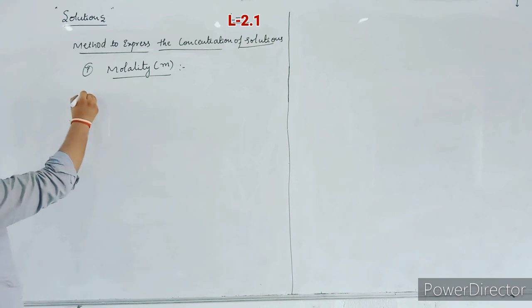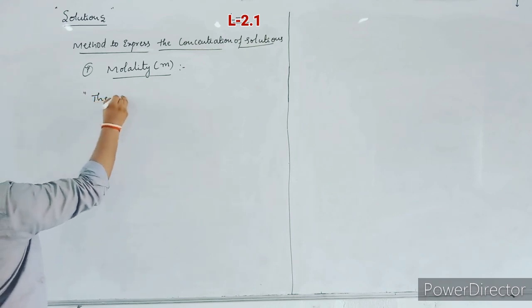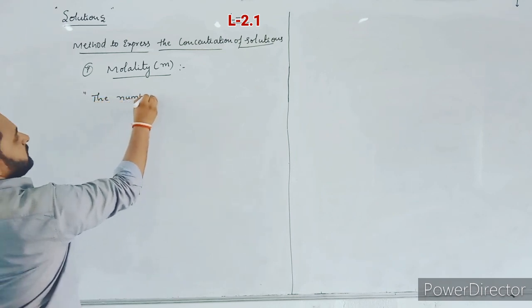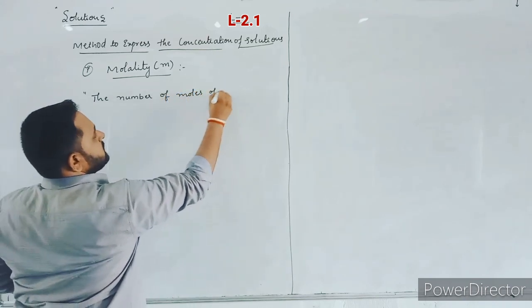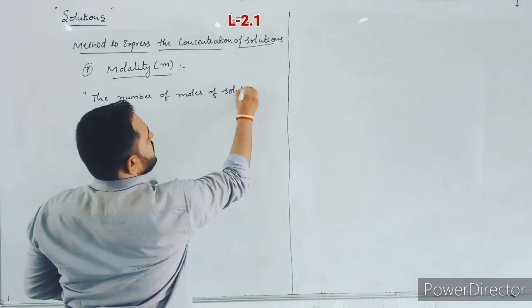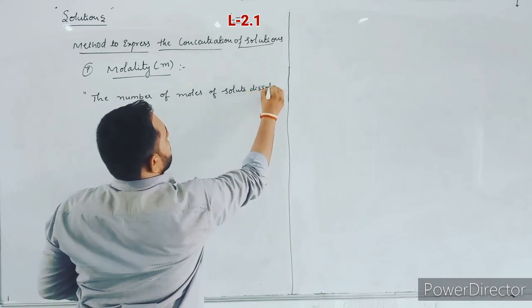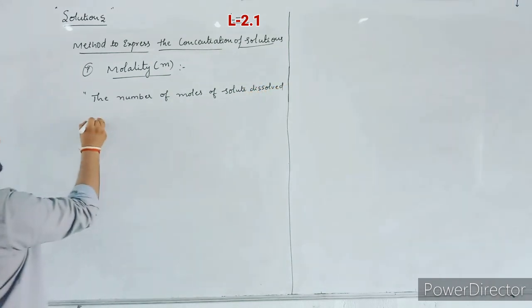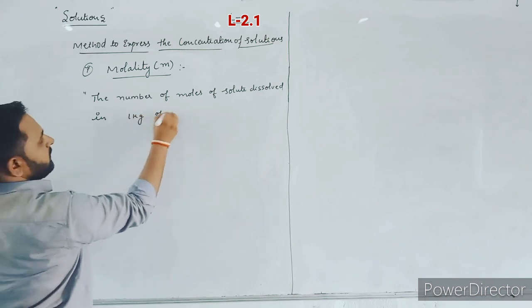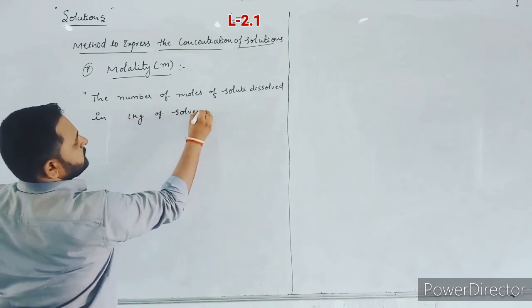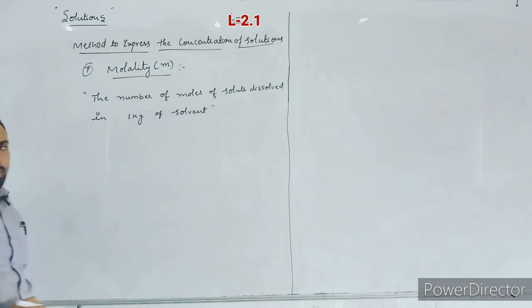Okay, now I will write the definition. The number of moles of solute dissolved in 1 kg of solvent is called molality.